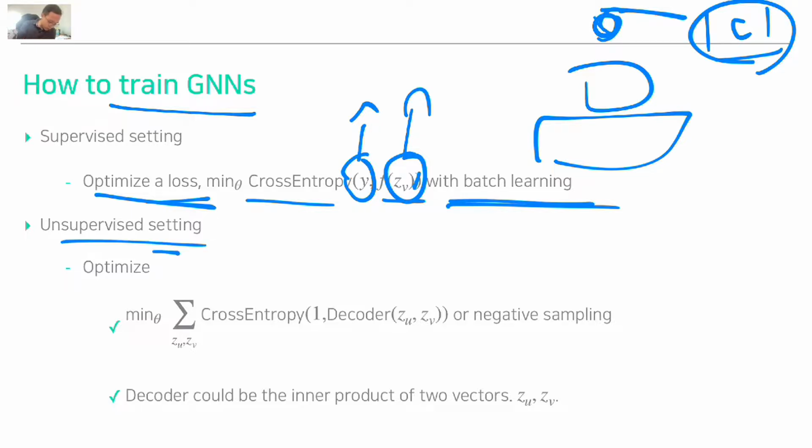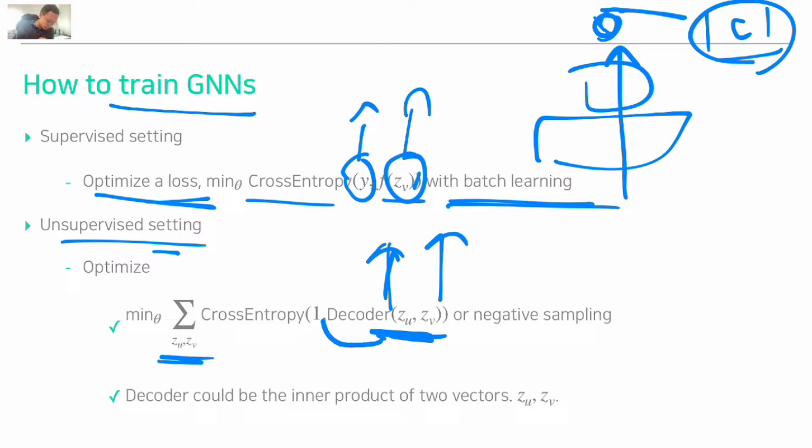In the unsupervised setting, by going through the GCN layer, you have your own representations, right? U and V. When they are connected, their similarity should be higher than with the other nodes, right? So you have to decide a similarity function using the decoder. So the decoder could be anything. We have dealt with the decoder function in the network embedding, right?